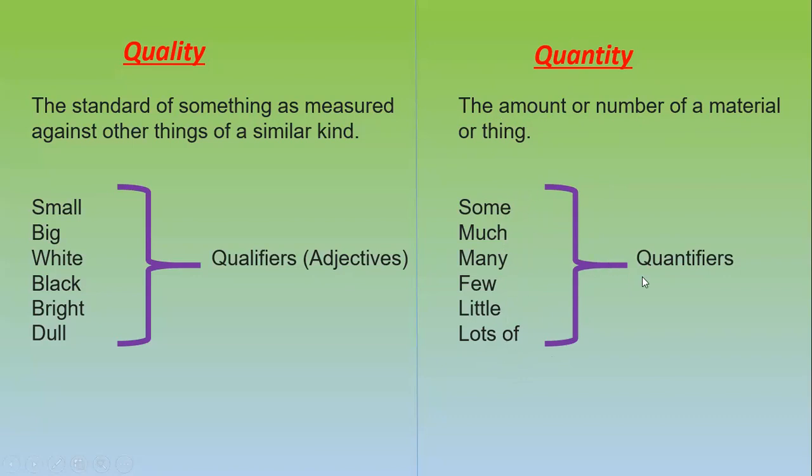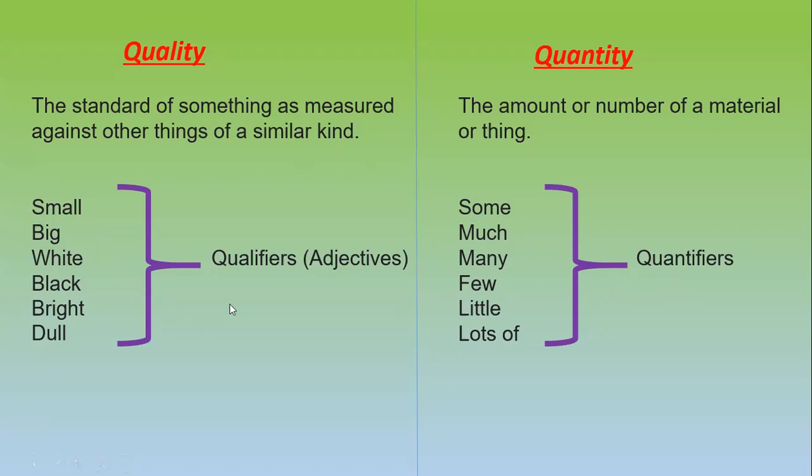These words we call quantifiers. It means quantifiers tell us about any number or amount or quantity of any noun or something. Okay, children, these words we are going to concentrate on in this chapter, and these words are quantifiers.